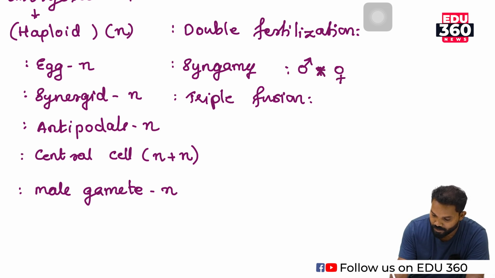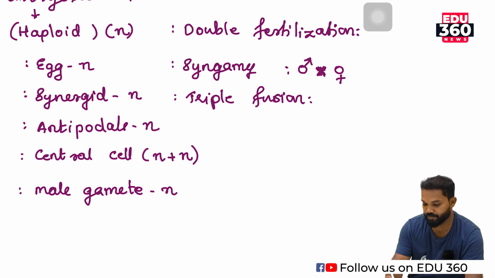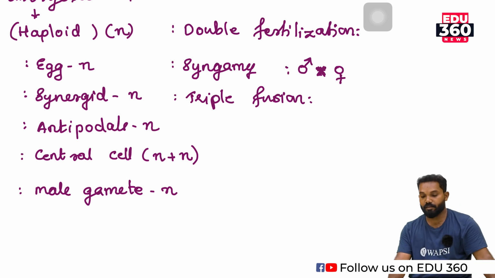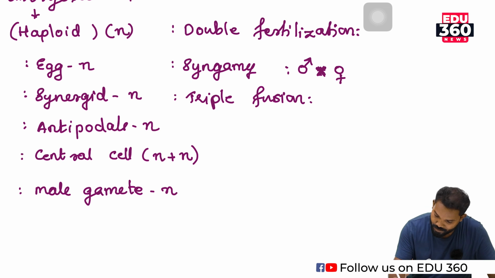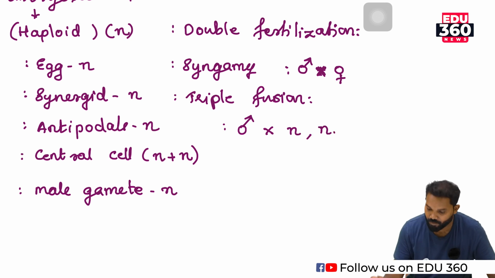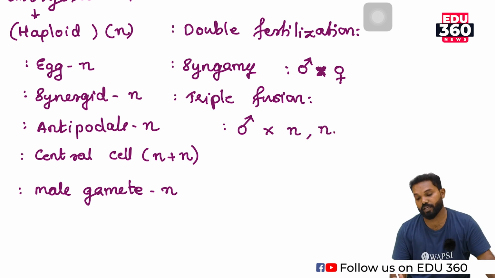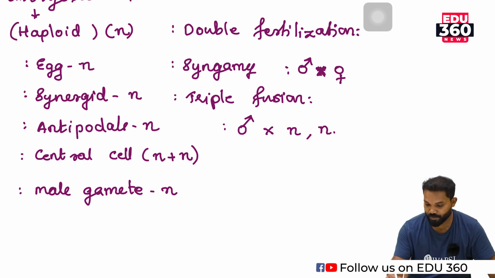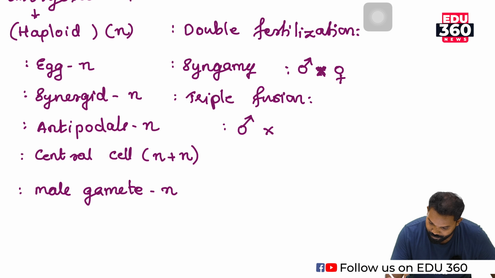Triple fusion is the fusion between the male gamete and the 2 polar nuclei. These are the polar nuclei.